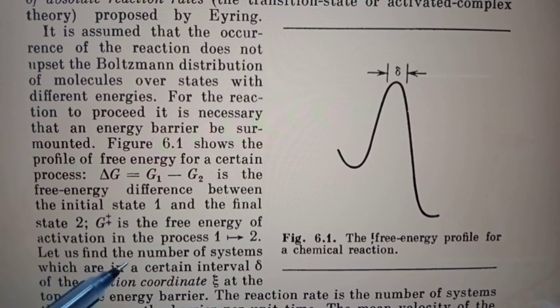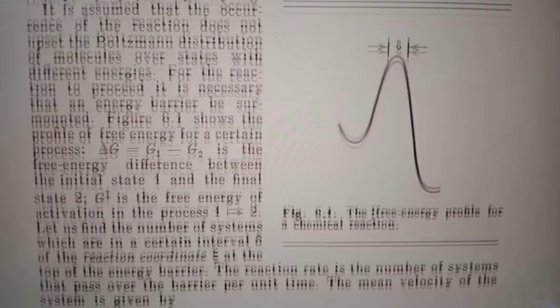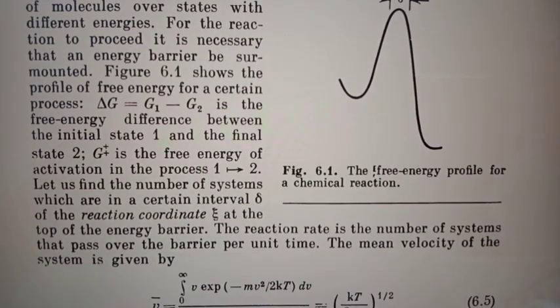Let us find the number of systems which are in a certain interval delta of the reaction coordinate at the top of the energy barrier. The reaction rate is the number of systems that pass over the barrier per unit time.